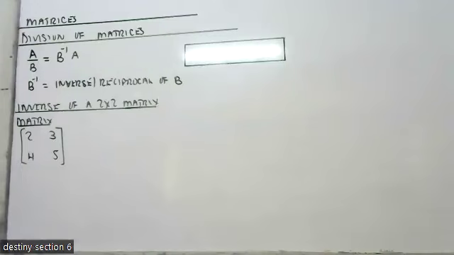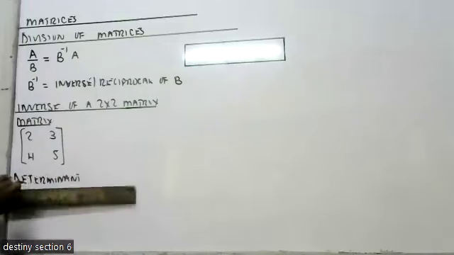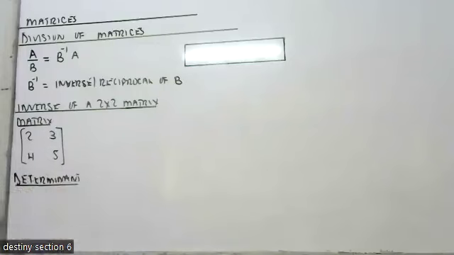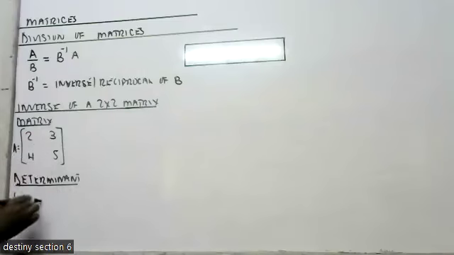Now the next thing that you do is to get the determinant of this matrix. Let me assume this is matrix A. So the determinant of A, the name of the matrix between two strokes. You take the major diagonal elements, that is 2 times 5.